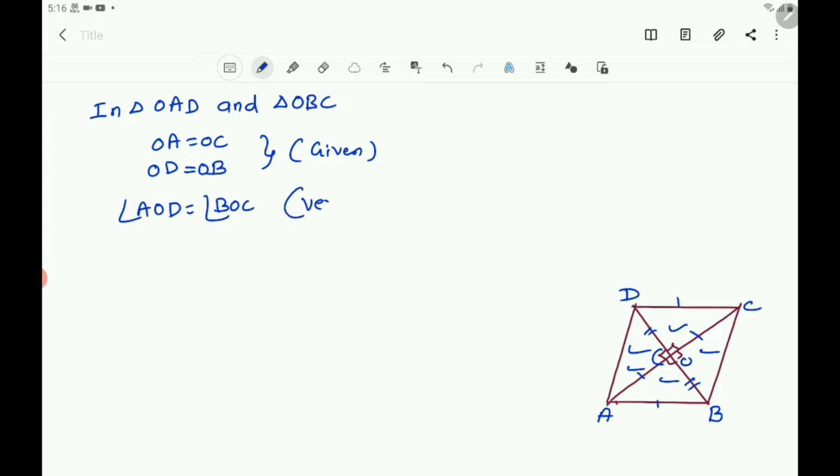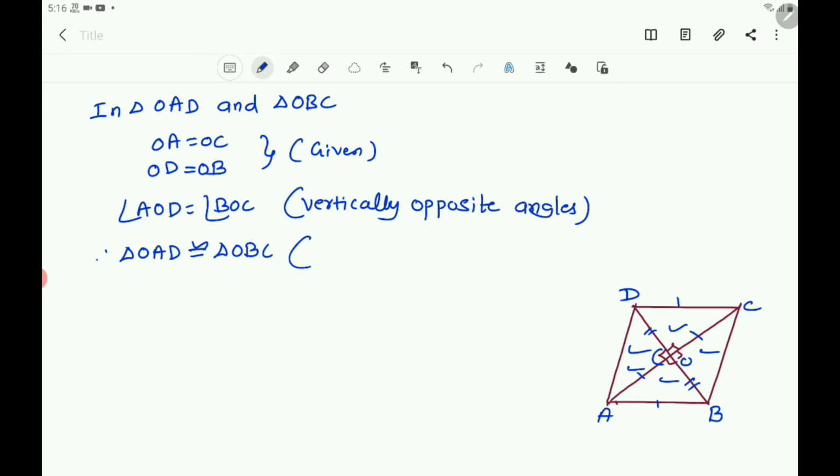Same reason, they are vertically opposite angles. Therefore triangle OAD is congruent to triangle OBC by the SSS Congruence Rule.